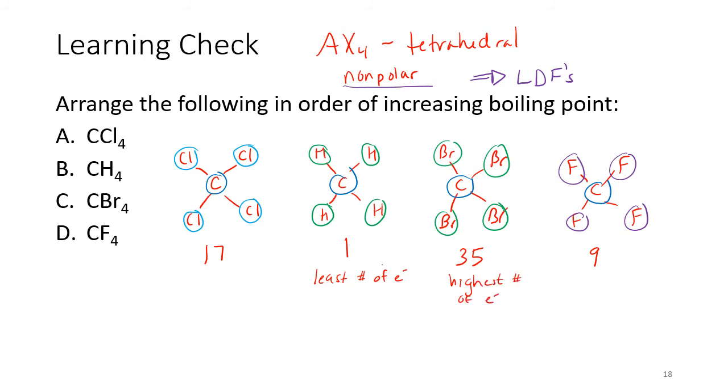Recall that the London dispersion forces occur due to the movement of electrons within a molecule. The greater number of electrons, the greater the London dispersion forces will be within the molecule.